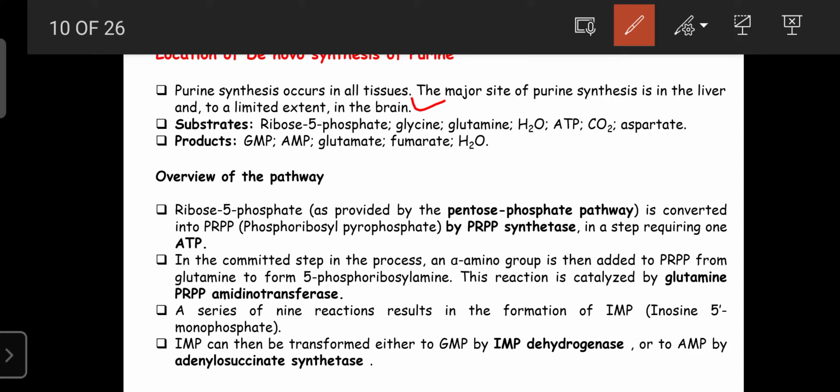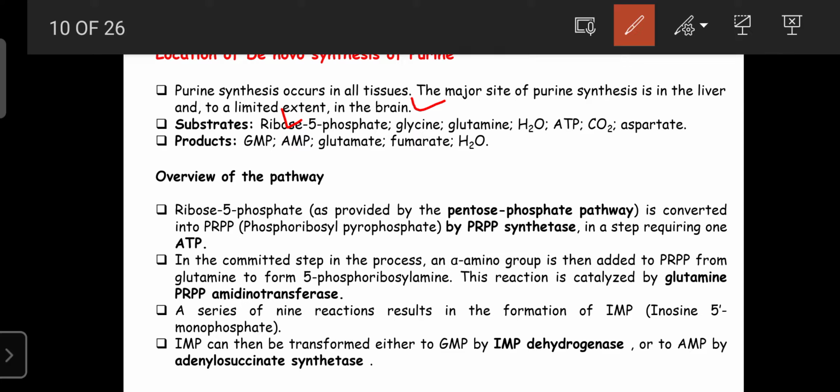Regarding the substrate required for the biosynthesis of purine, it is ribose 5-phosphate. We already know ribose 5-phosphate is an end product of the pentose pathway, or HMP pathway, the hexose monophosphate pathway.